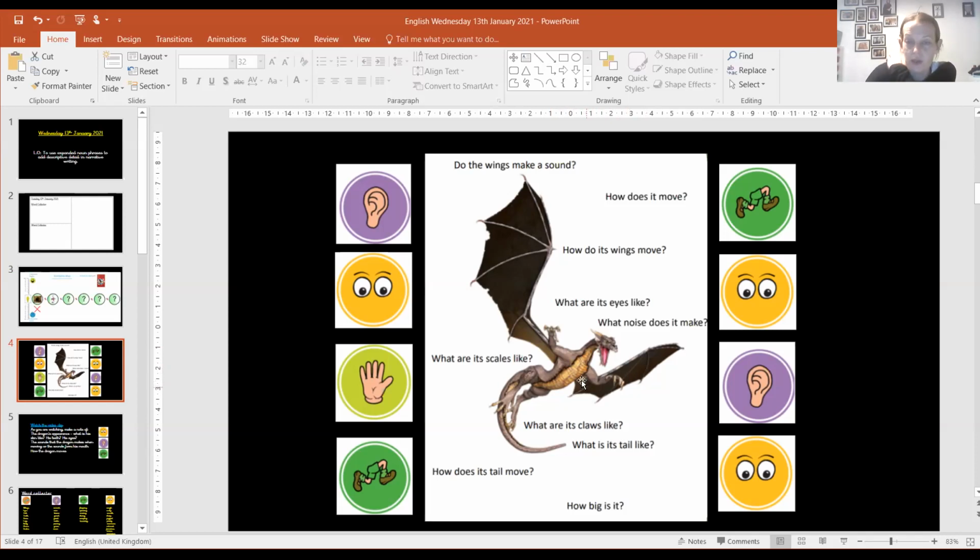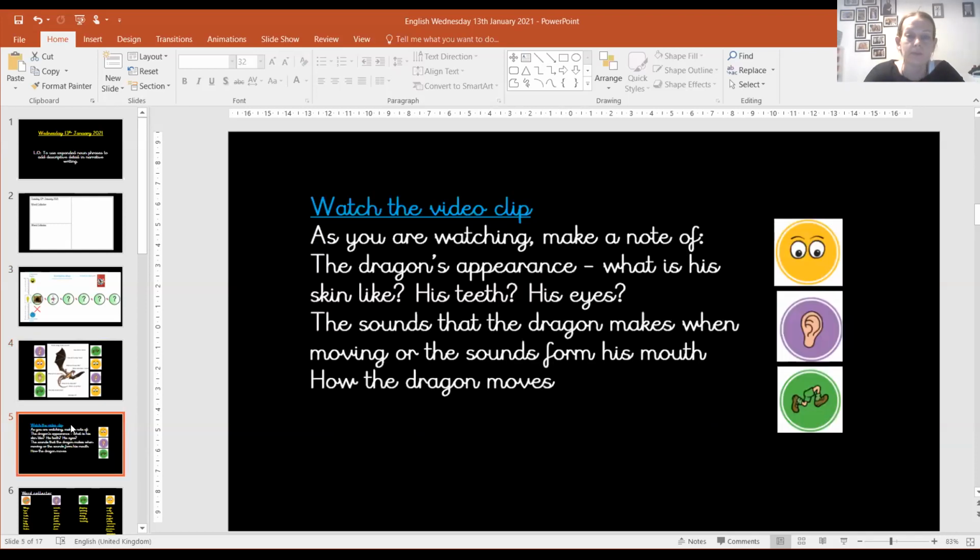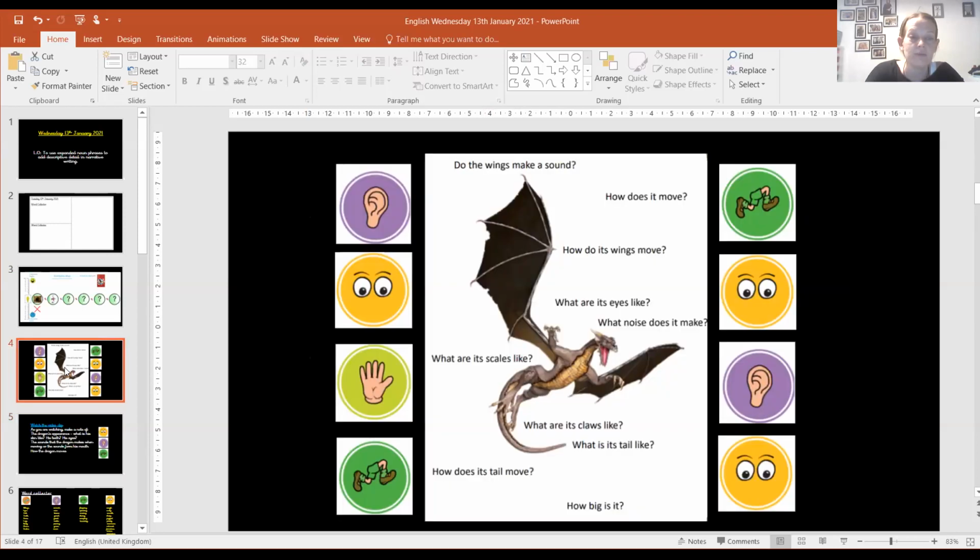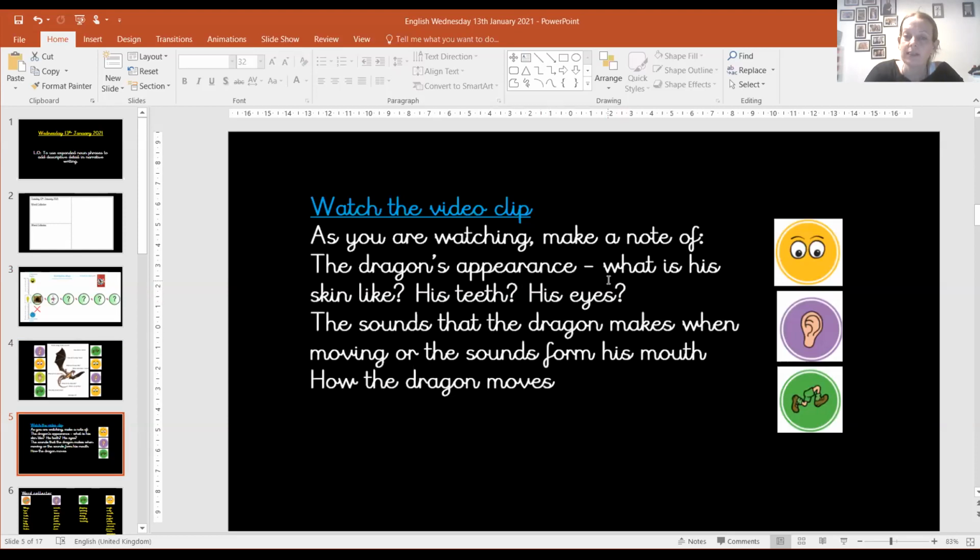Okay, so we've looked at the picture source, and now we're going to have a look at the video. Right, so while we are watching the video, we want you to make a note of how the dragon in the film, How to Train Your Dragon, looks. He's not the same dragon as this one. He is a different dragon. What is his skin like? What are his teeth like? What do his eyes look like?